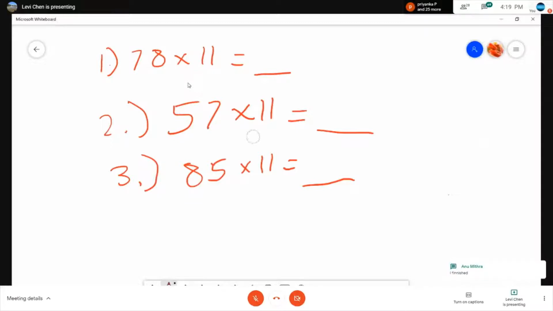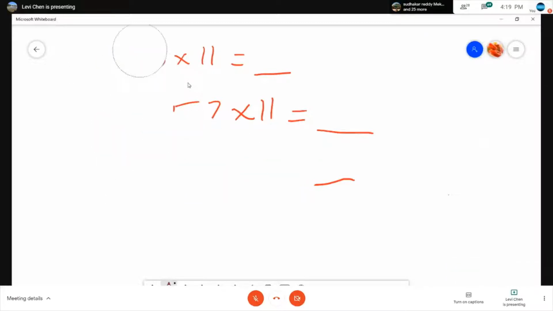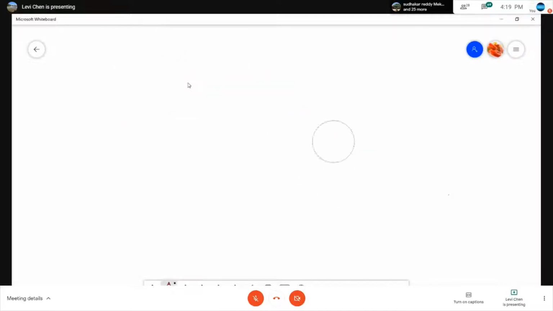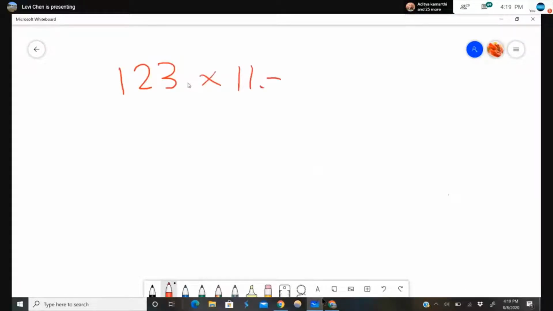So what happens if we add another digit to the first one? Let's go with 123. That's 3 digits times 11 equals blank. So you can do what you normally do with this being the first digit, 3 being the last digit.